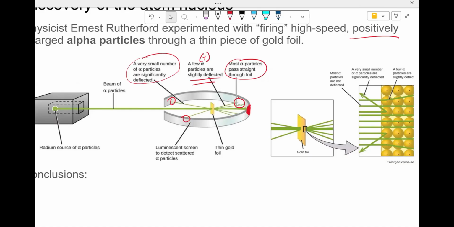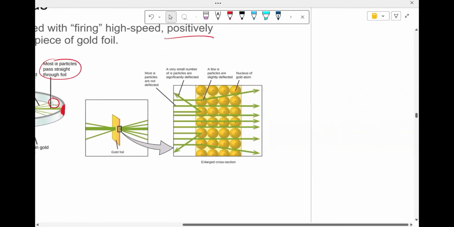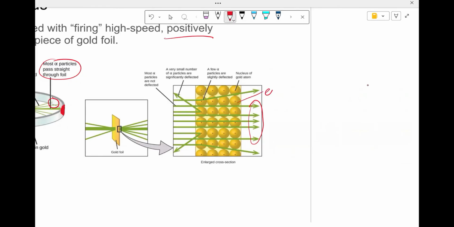And the only way that happens is if those alpha particles are hitting something positive in the gold foil and being reflected backwards. So this is kind of an in-depth picture of Rutherford's experiment, where most of these alpha particles are going through the gold foil. Now, if most of them go through, that means an atom has to have a bunch of empty space.